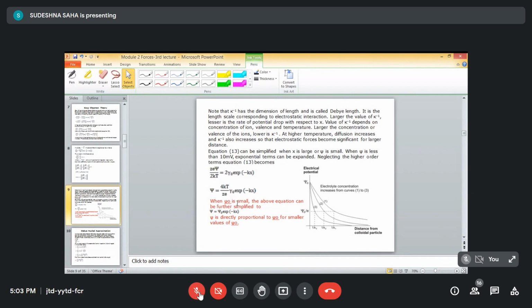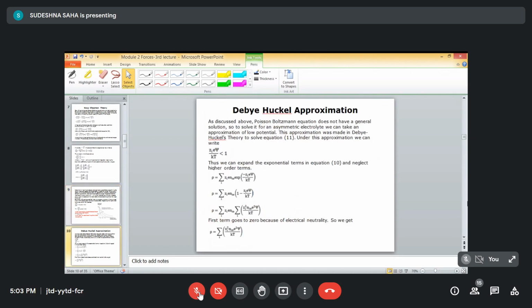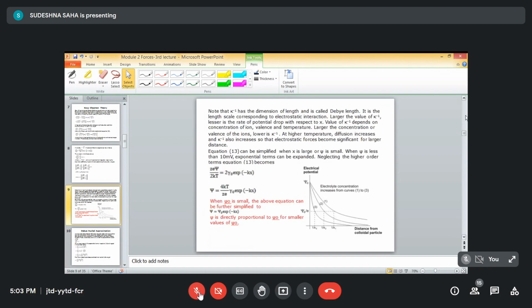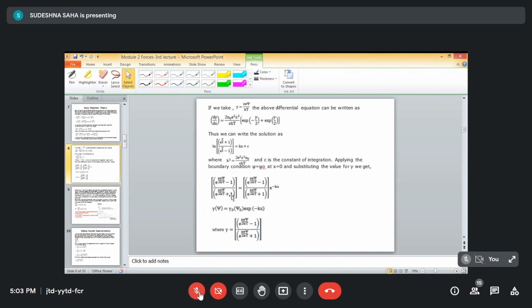Now when psi naught is small, the above equation can be given in this form: psi will be equals to psi naught into exponential minus kx, and this psi is directly proportional to psi naught for smaller values of surface potentials. Now this is basically the general equation for symmetric electrolyte.